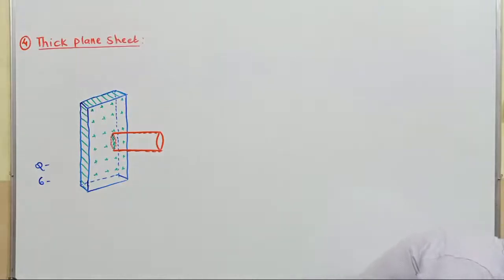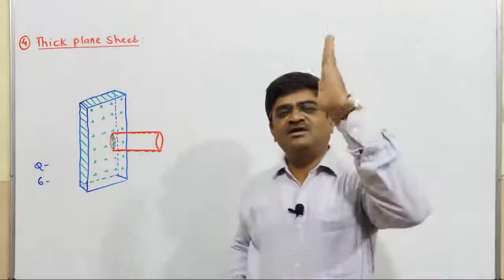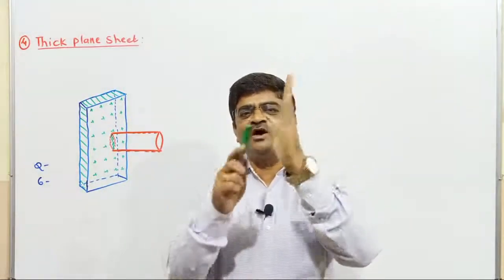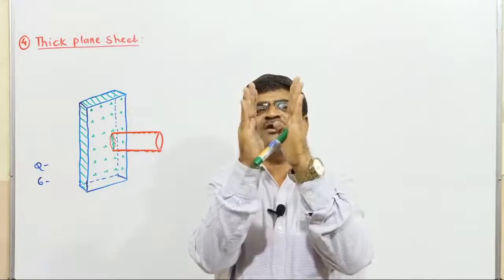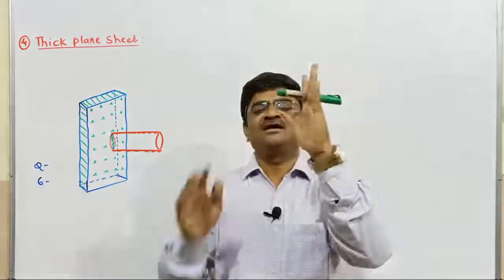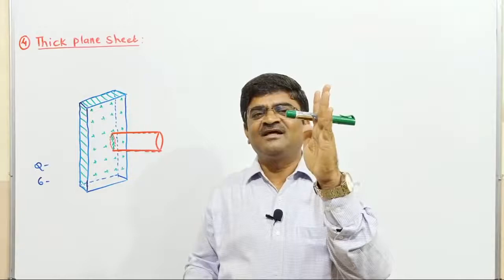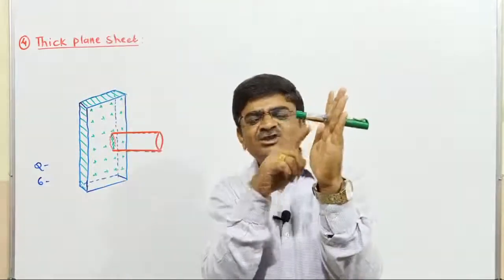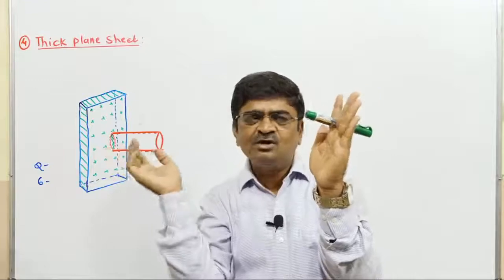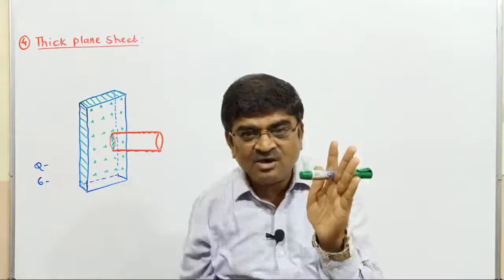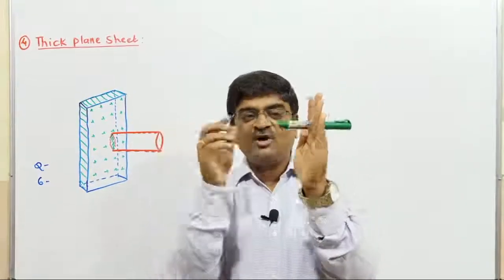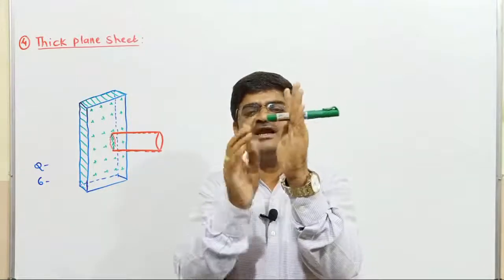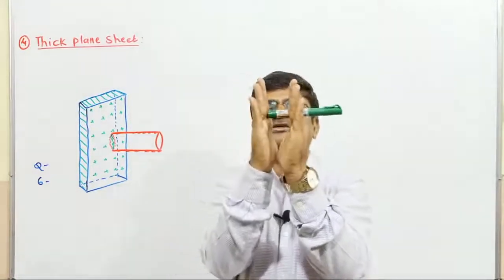Notice, earlier case I had a thin one, now I have a thick one. In the earlier case this end was like this, but now what was the intention of making it pass through? So as to enclose a charge. Now, as it is a thick one, I bring the cylindrical Gaussian to this position.